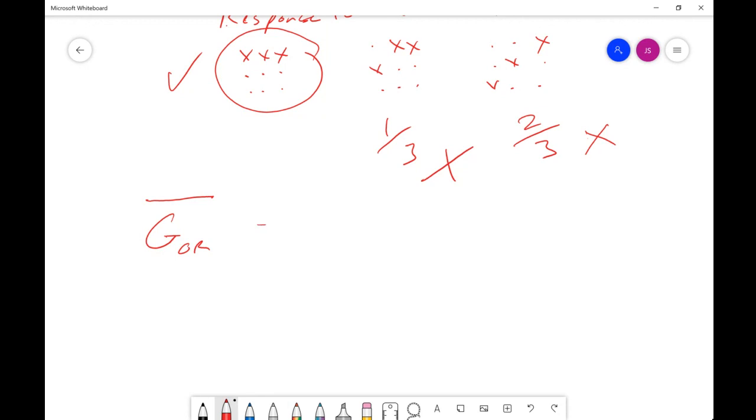And not G-OR is going to be the product series, same counters, i equals 1 to n over n, which in this case is 1 to 3. And this time it is going to be the product series of 2 to the n minus ki.